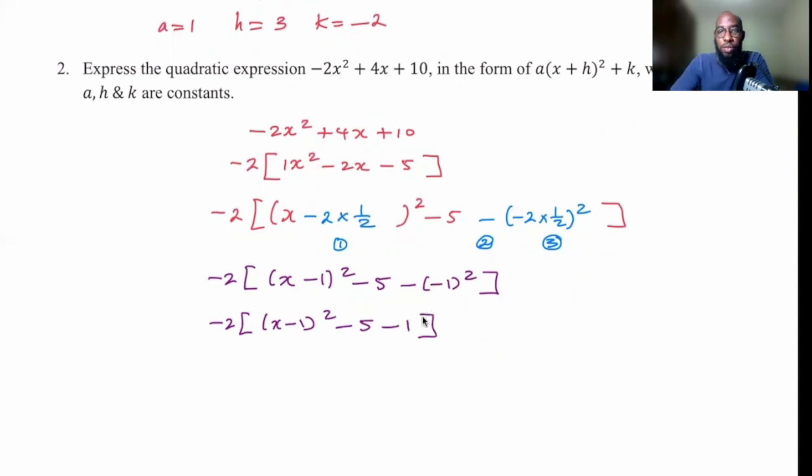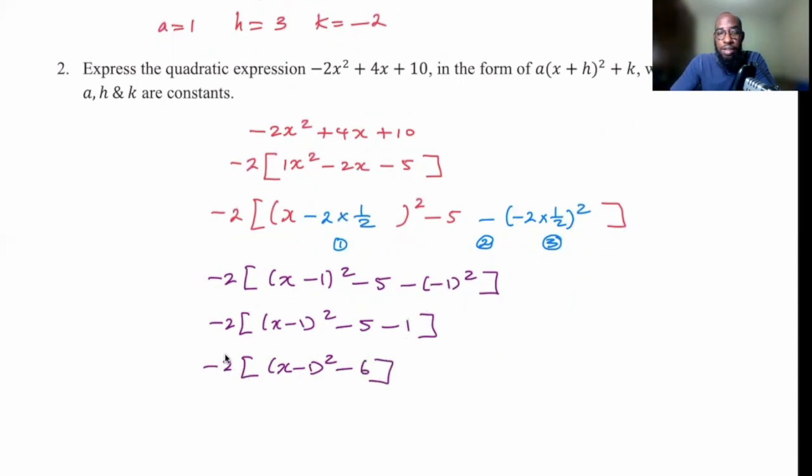All right, so -1 squared is 1. And when you square what's in the bracket, you get +1. That's how we have 1 here. Continuing. All right, so -5 minus 1 is -6.